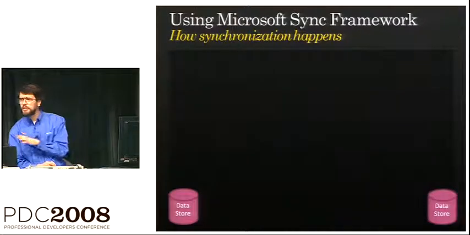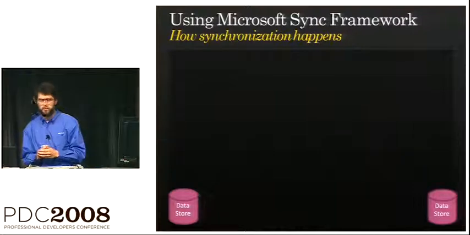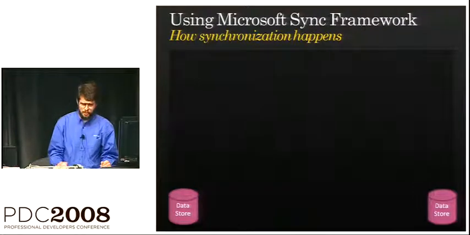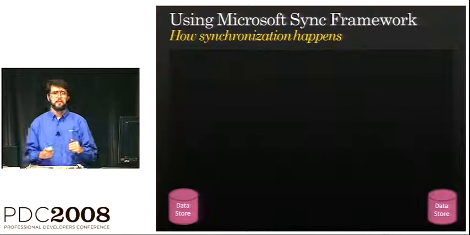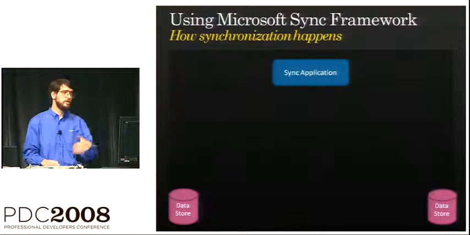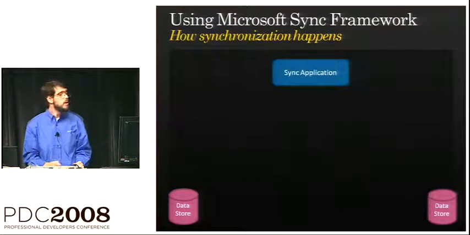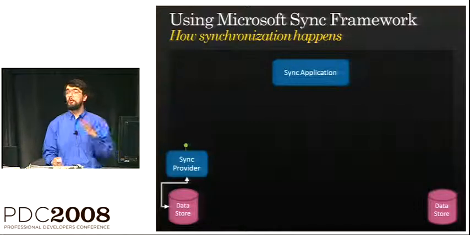All right, before I do that, let's talk a little bit about how synchronization with Sync Framework actually happens. Also, just to set the terminology and make sure we're all on the same page. So Sync starts with two data stores that somebody, let's call it a Sync application, wants to synchronize. It's trying to use Sync Framework for this. But Sync Framework is not by itself capable of talking to arbitrary stores.